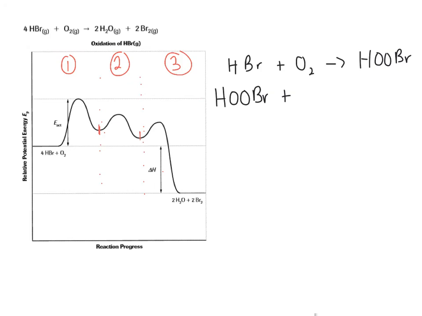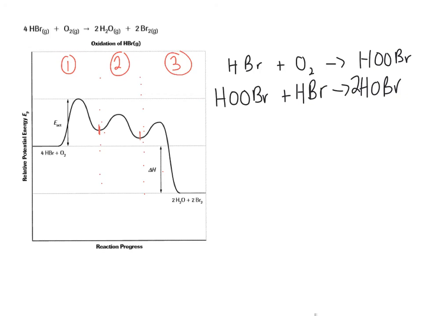And we need to use up 4 HBr, but only 1 O2. So we're only going to use O2 once, but we are going to use HBr more than once. So maybe this one makes 2 HOBr.